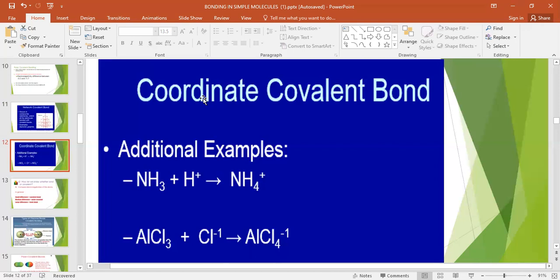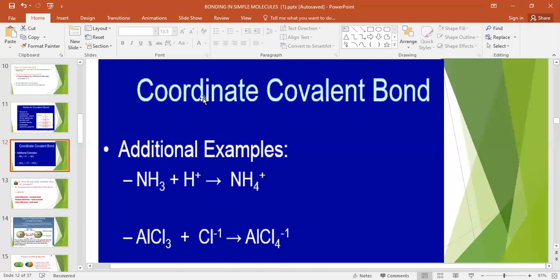Sharing of electrons. But if you show it this way, we cannot specify whether it is normal covalent bonding or dative bonding. So when you draw the arrowhead, draw it towards the element with which you are going to share the electrons. We are going to share with hydrogen, so the arrowhead is towards hydrogen.